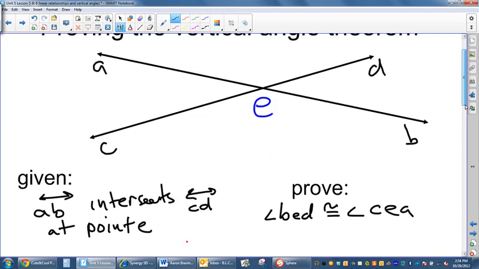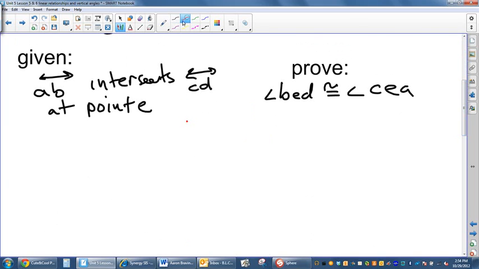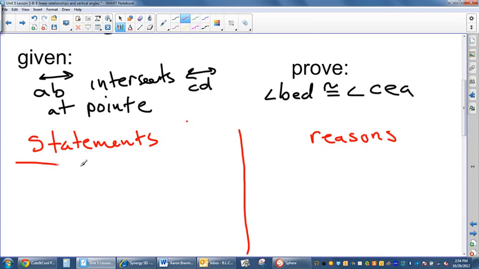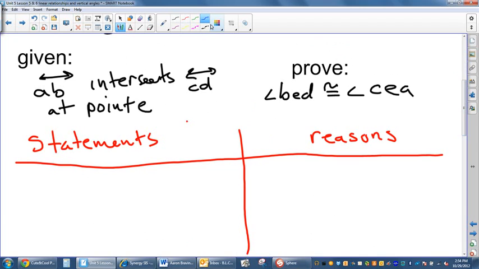Anytime that we want to start any 2-column proof, we should always start by saying, over here we have our statement, and then we have our reason. And what is a good way to start any proof?